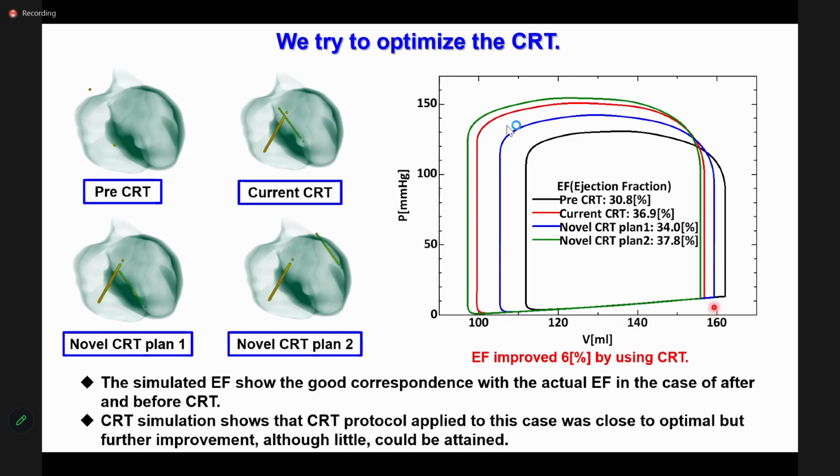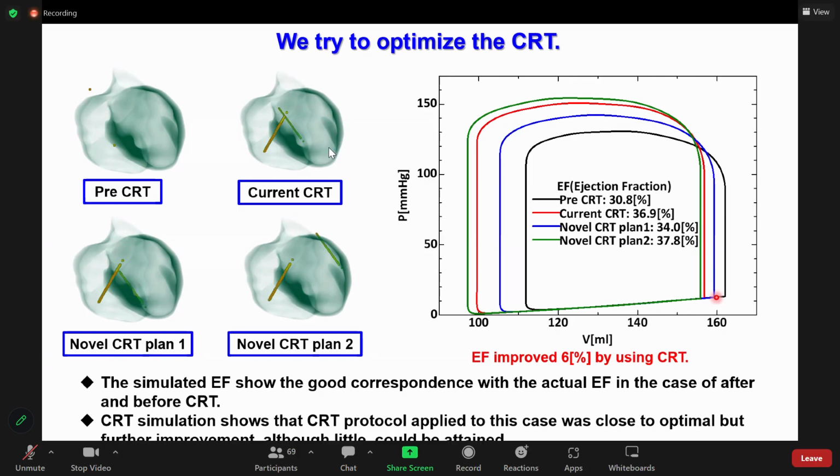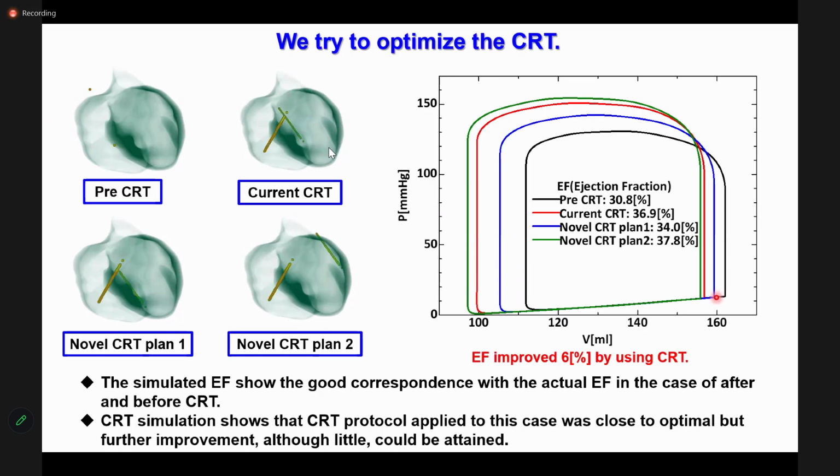CRT simulation shows that the CRT protocol applied to this case was close to optimal, but further improvement, although little, can be attained. Green condition is better than current CRT, as shown in this figure.